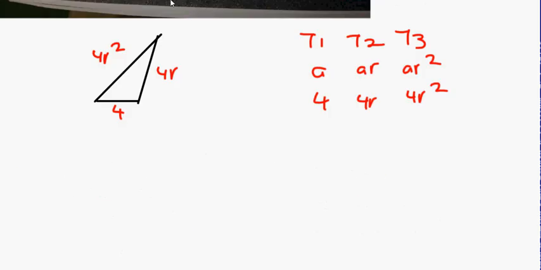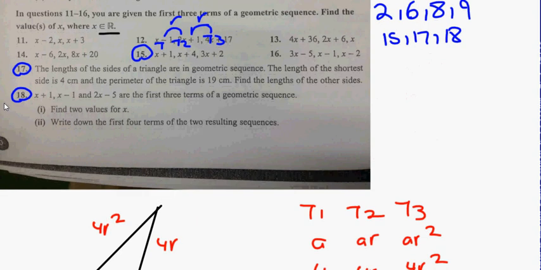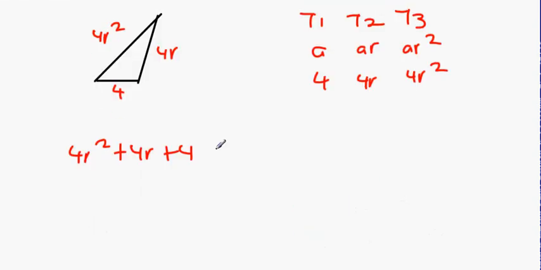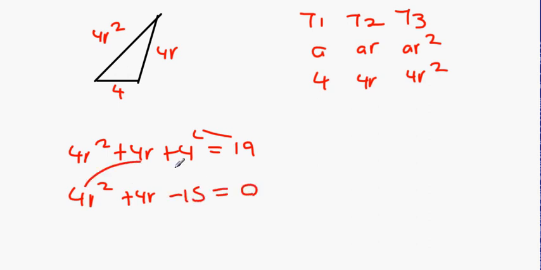So 4r squared plus 4r plus 4 all adds up to be equal to 19. Taking 19 over to your side, we have 4r squared plus 4r minus 15 equals 0. The reference number being minus 60. Minus 60 needs to break up into two things to be separated by 4.